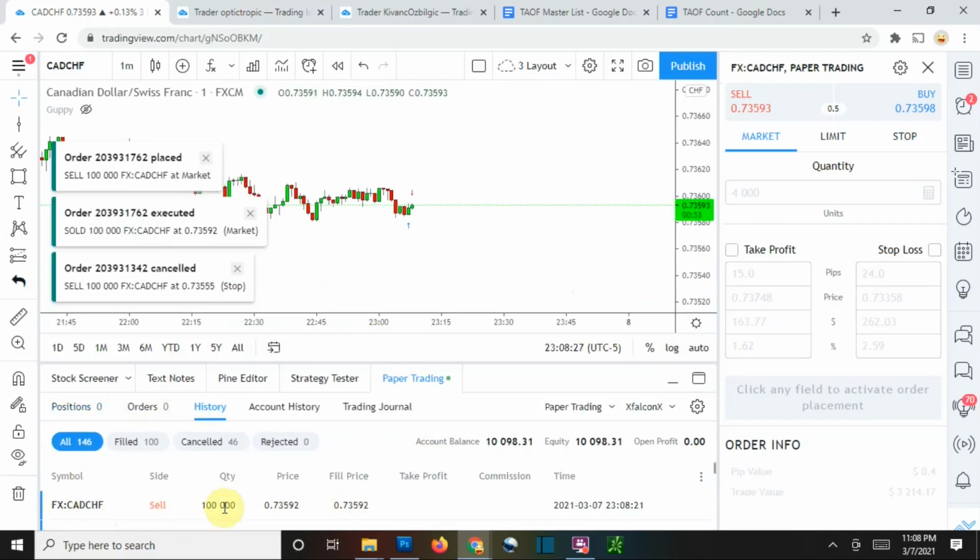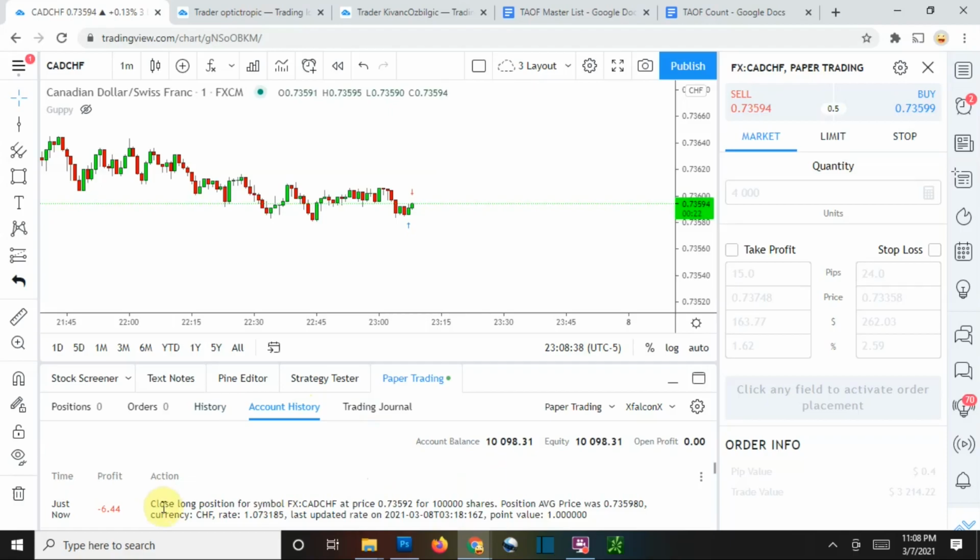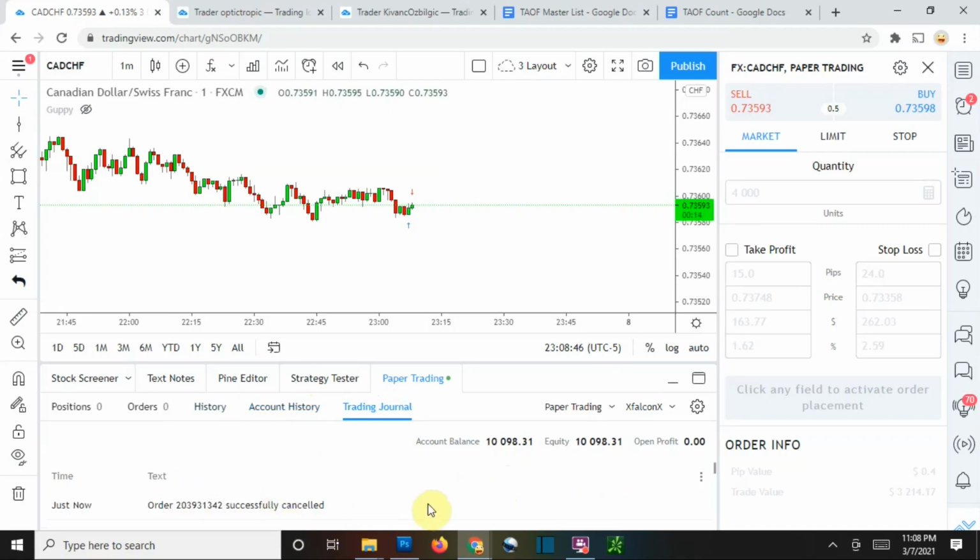You can see here down at the bottom, it told me under the history what exactly it was, the quantity, the price, where I was filled, and so on. Account history tells me exactly when I entered and when I exited, and the whole deal goes into more detail. And then in my trading journal, it goes through basically everything that took place while I was playing around with that particular order.